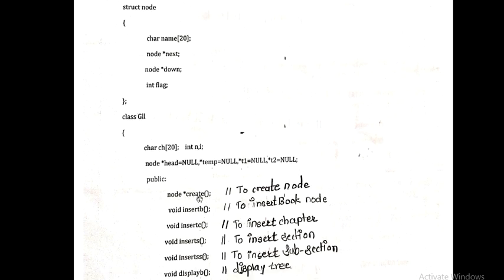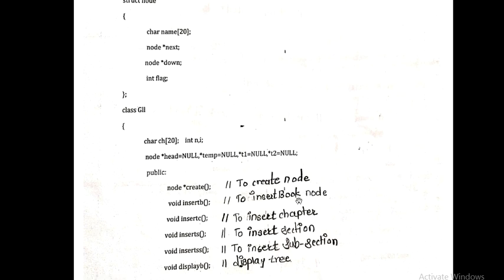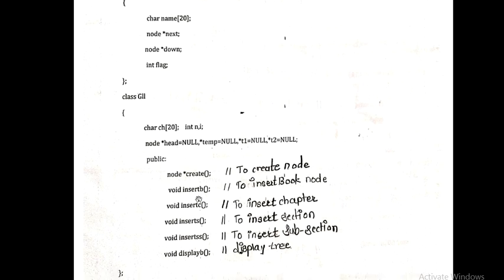So this node pointer create method is to create any of the nodes. Then we are using the void insert B, meaning we need to insert the book node. Whatever the name of the book, we have to insert that node. So for that we have created one method, that is insert B. B stands for the book, and the return type of this method is void, meaning it is not going to return anything.